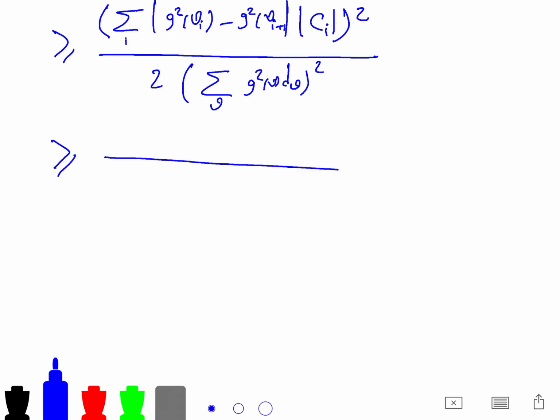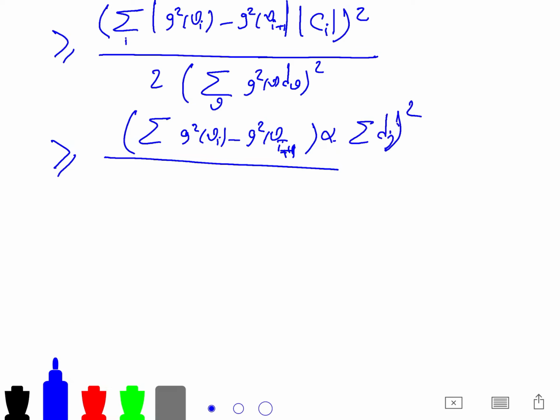And this is greater than, here we use a telescopic sum, because g squared of v_i minus g squared of v_{i+1} telescopes. This is times alpha that we defined, and then the sum of d_j for j less than or equal to i, over 2, again the same thing, the sum of g squared of v d of v.